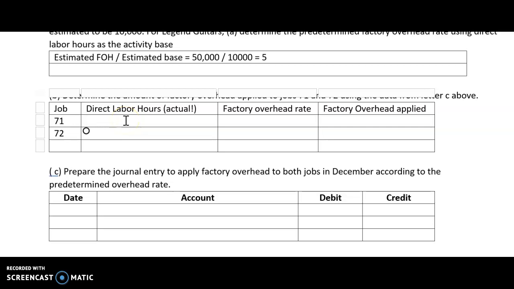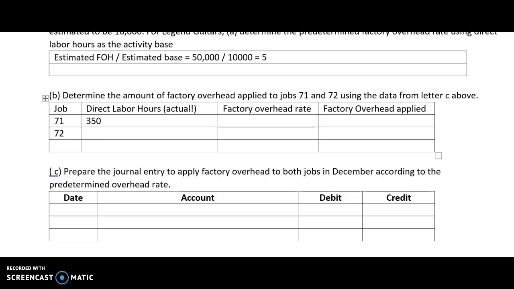So make sure that you use actual when we get ready to apply our overhead. And then the rate was 5. So if you multiply your 350 times your 5, that's going to give you $1,750 for your overhead for job 71.